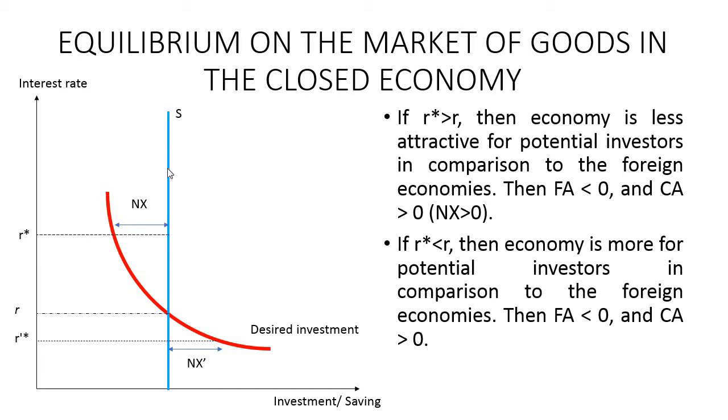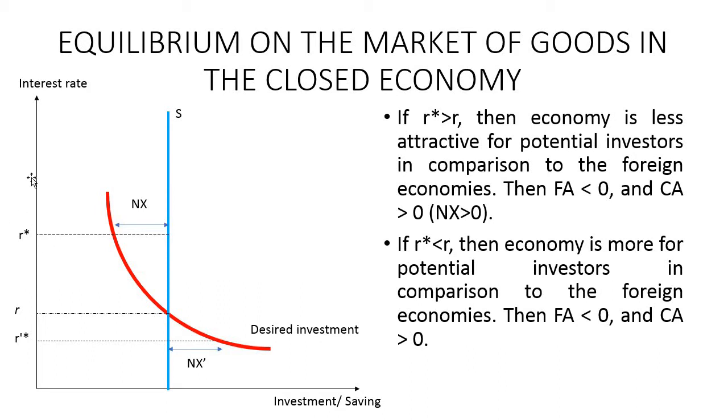Please keep in mind that all the time we analyze small open economy. Small open economy means that there is free international trade, unrestricted international investment flow, and also it implies that domestic economy is kind of interest rate taker.